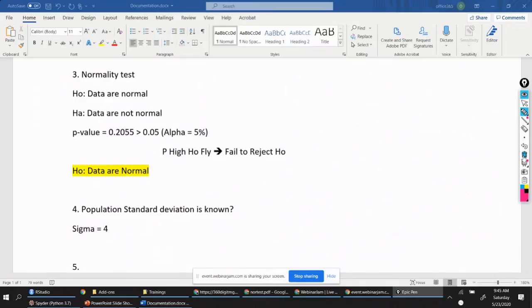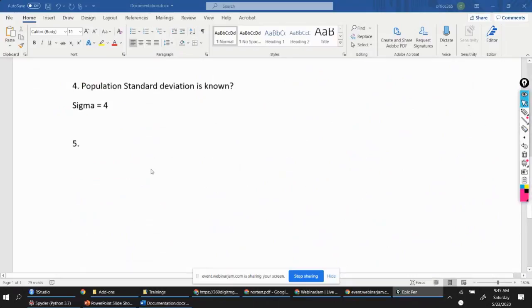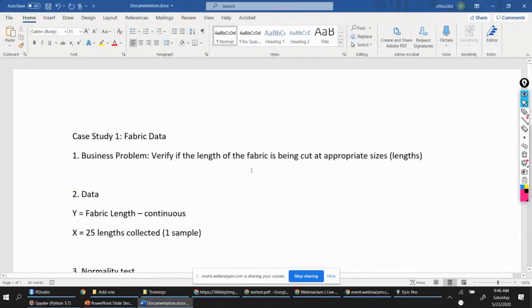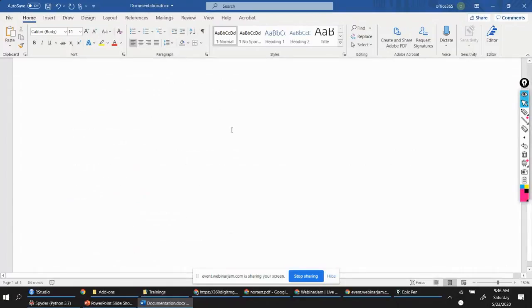But remember, we are trying to solve a business problem here. And to decide what test we need to apply, we followed all these steps. So we are doing a one sample z-test, and using it we need to solve the business problem. Now, what is the business problem here? The business problem says, verify the length of the fabric and decide whether you need to continue the production or halt the production. Right?